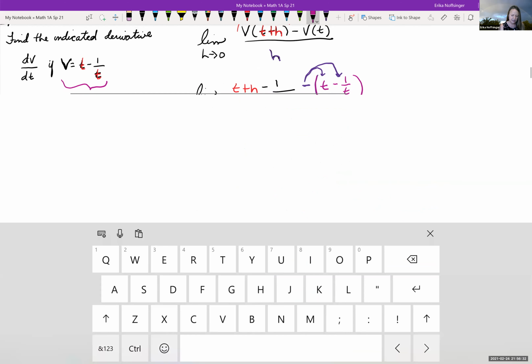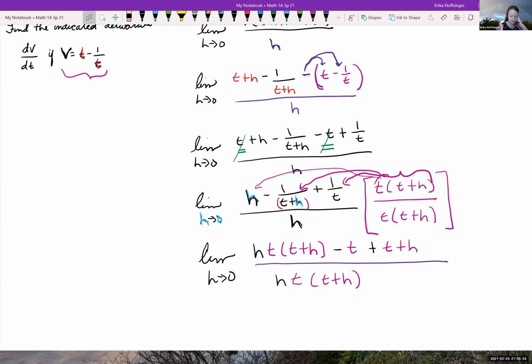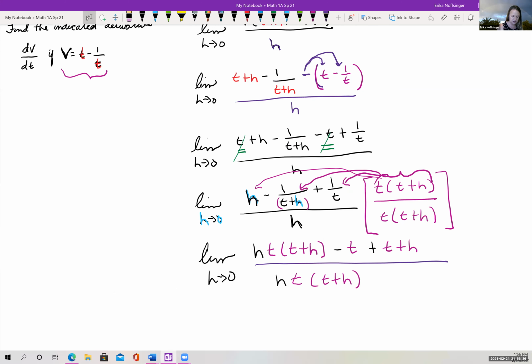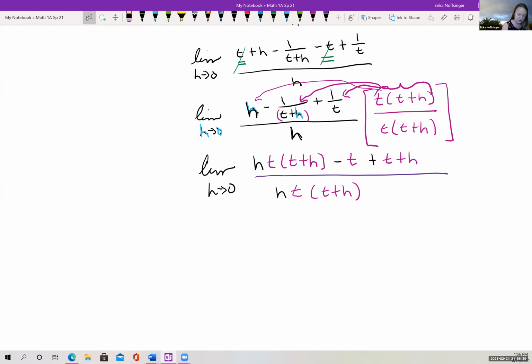Okay, so let's look at this and simplify. Let's see if we have any like terms. I notice that we have a negative t and a positive t, and those are going to cancel. You can either think of it as distributing the h over t in here, or notice that they both have an h in common, so we can manipulate it this way.